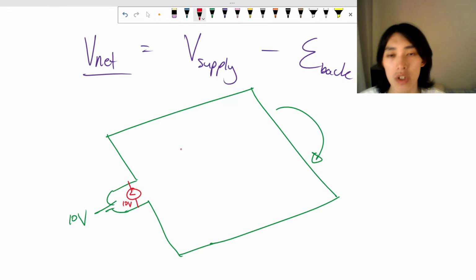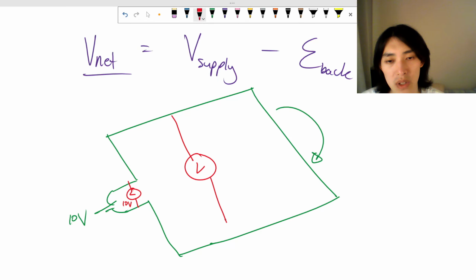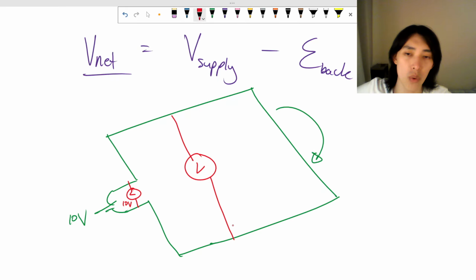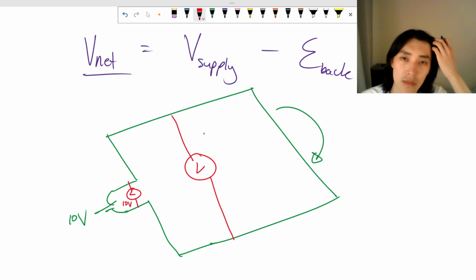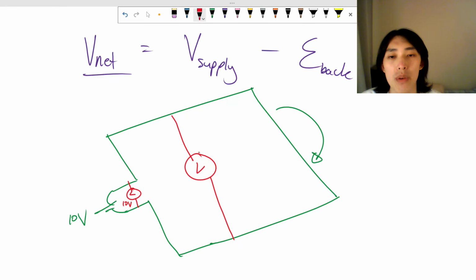Where it gets a little bit more interesting is if you were to measure something inside. If you were to stick a voltmeter inside the coil, so assume that this coil only has one coil, not more. It's an armature with only one coil, and you have a voltmeter inside here. And then we want to see what the voltmeter reading would be.